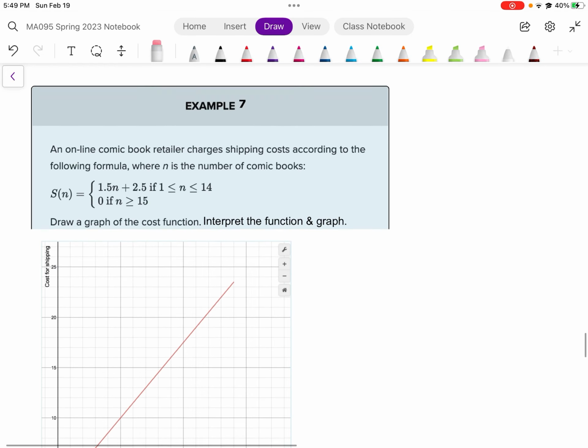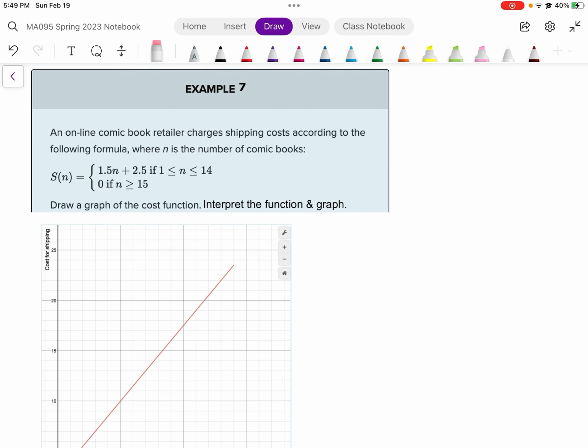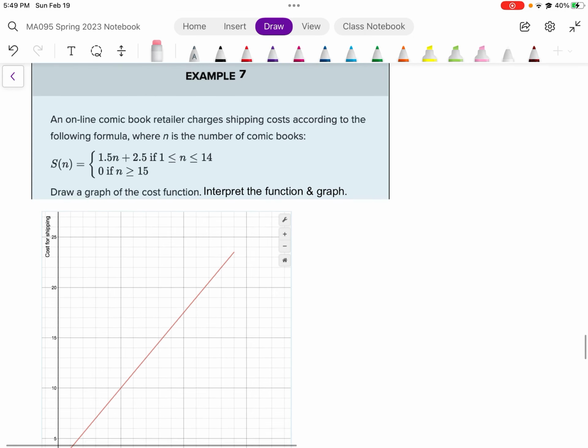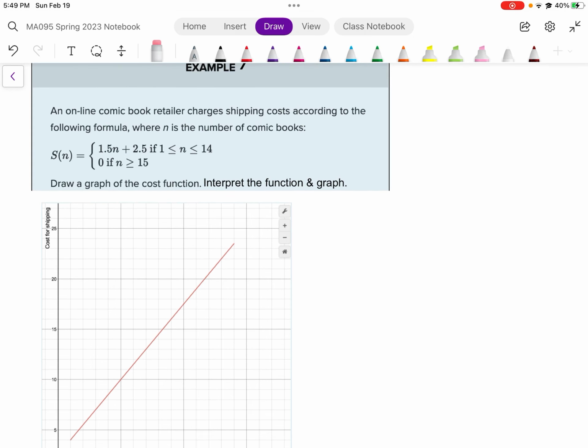All right, let's look at a couple more examples. This is a real life situation. An online comic book retailer charges shipping costs according to the following formula, where n is the number of comic books that a person buys. If they buy between 1 and 14, this is the shipping cost.